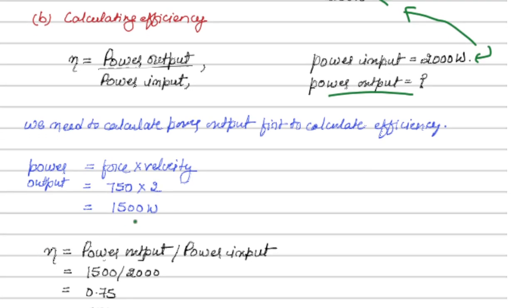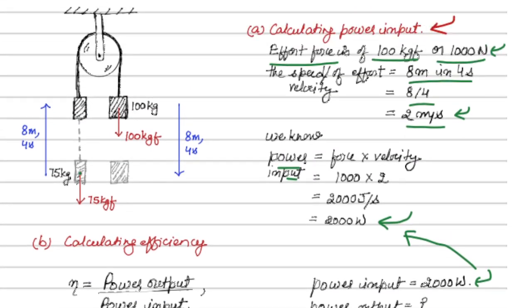Let's apply the same formula. Power output will be force, now for which force? The load, into velocity. Let's go to the diagram. See, here's the load, 75 kg, we need to fight, and we have to go upwards. So we'll be pulling it upwards. It will have the same velocity, right?